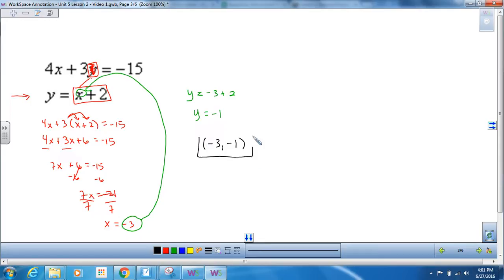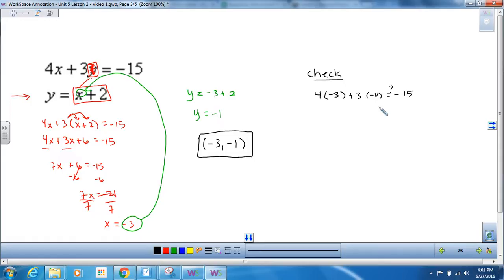Remember, you can always plug this in to check that it's correct. So 4 times negative 3 plus 3 times negative 1. I want to know, does that equal negative 15?